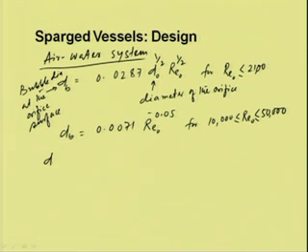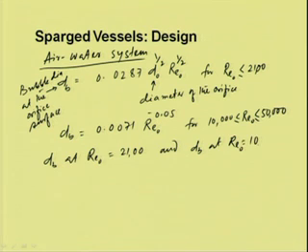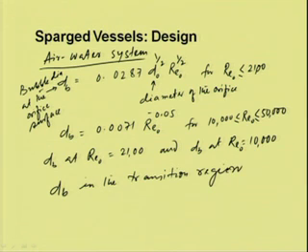From these equations we can get dB at Re0 of 2100 and at Re0 of 10,000, and if we interpolate between these two points, we will get the bubble diameter in the transition region, that is Re0 less than 10,000 and greater than 2100. Now, the gas holdup we can calculate.